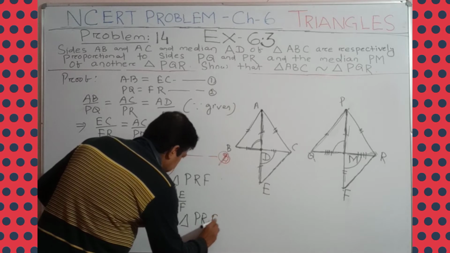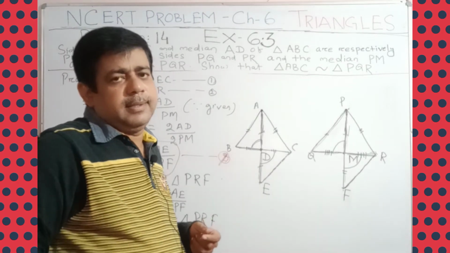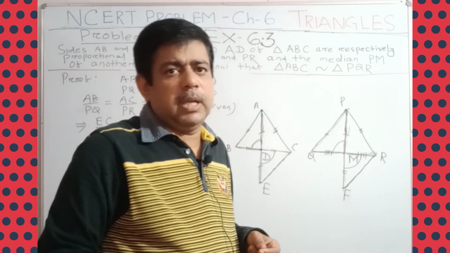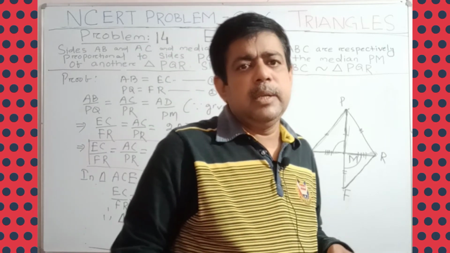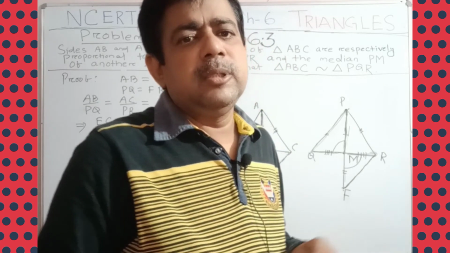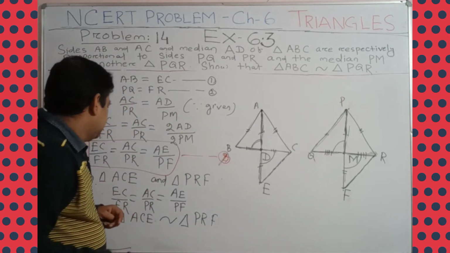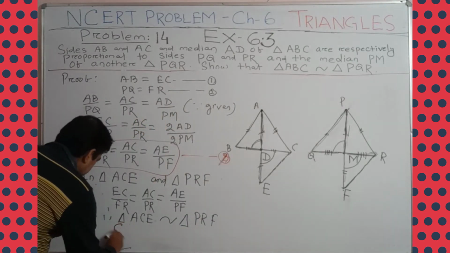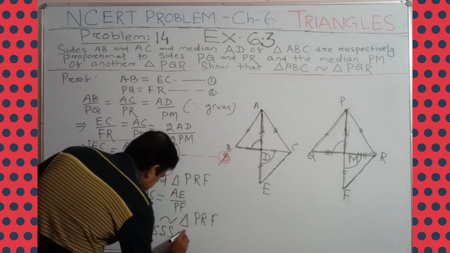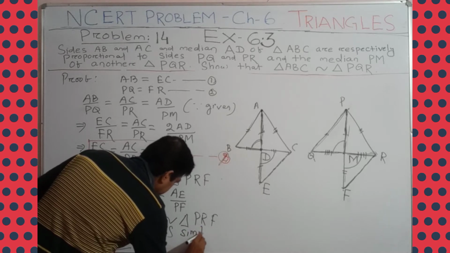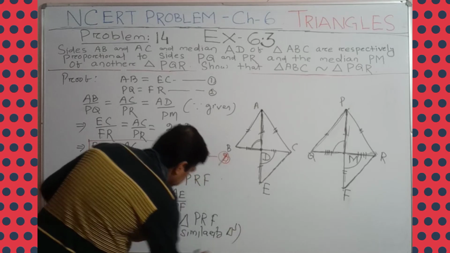Since the ratios of the corresponding sides of the two triangles are equal, the triangles are similar, in accordance with the side similarity criterion of triangles. All of you know. So triangle ACE is similar to triangle PRF by SSS similarity of triangles. Is it clear?